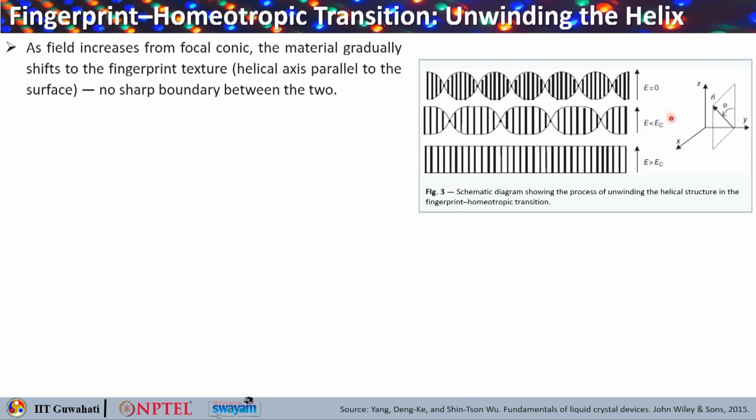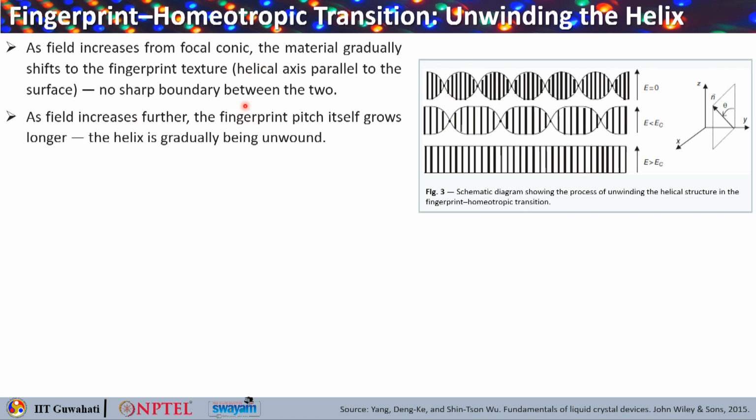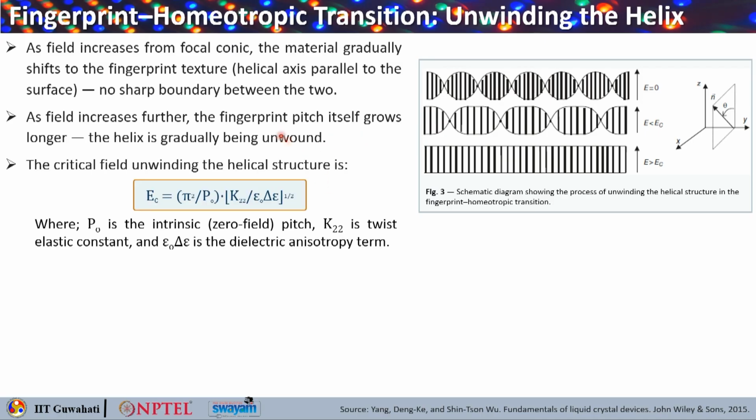So this is where you have E equals 0, and then this is what happens when you have E greater than EC. You will see in the fingerprint texture no sharp boundary between the two. Now when the field increases further, the fingerprint pitch itself grows longer and the helix is gradually being unwound.